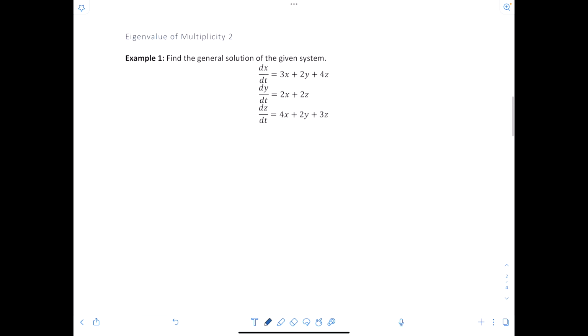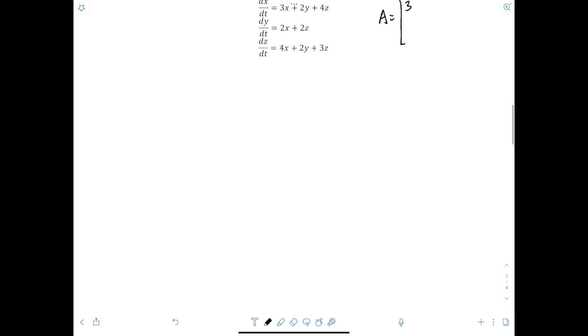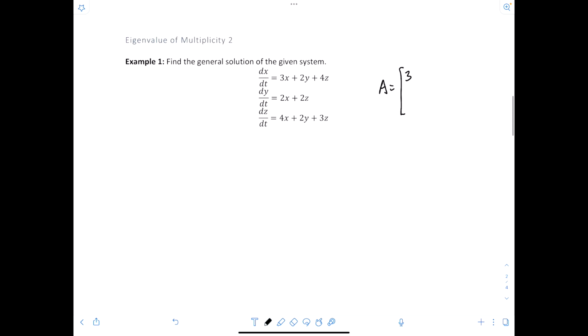Eigenvalue of multiplicity 2. So find the general solution of this given system. Remember, it's useful to have your A handy. In this case, A is 3, 2, 4, 2, 0, 2, and 4, 2, 3.